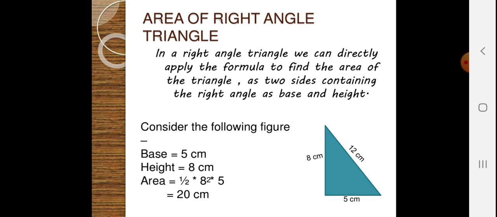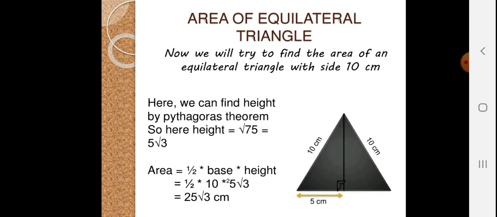Don't take the height as 12 centimeter; that is the slanting height. So here we apply the formula: area equals 1/2 base into height. 1/2 into 5 centimeter into 8 centimeter. 8 5s are 40, divided by 2. So your answer is 20 centimeter square for this given triangle.